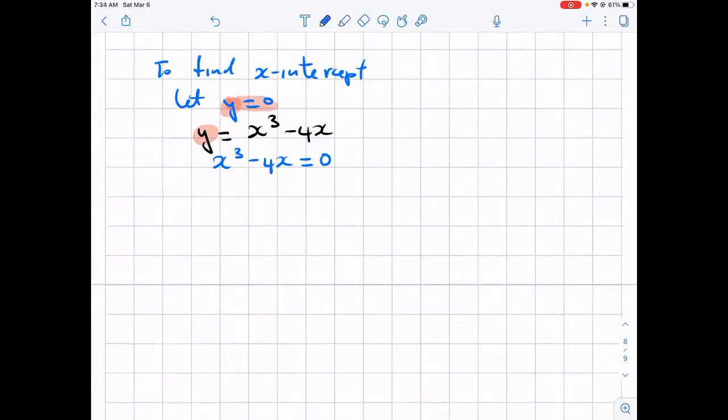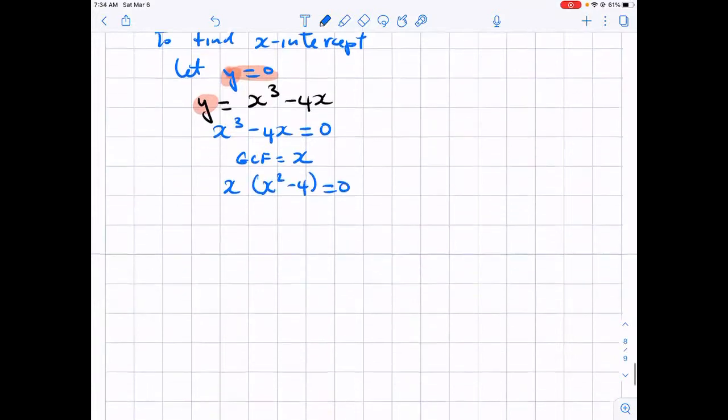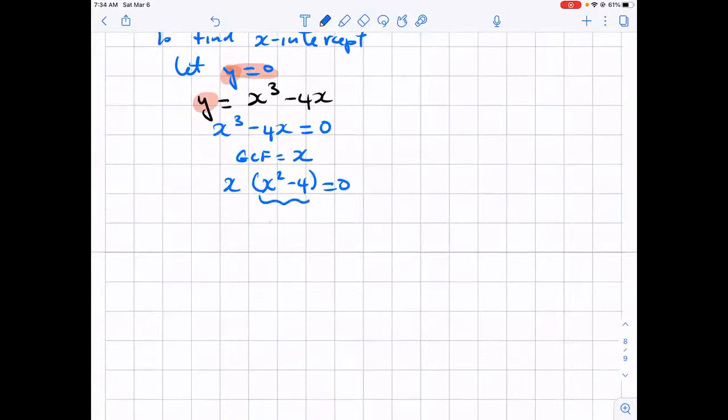Now we can factor this. GCF is equal to x. So if we take out x, we have x squared minus 4 equals 0. And then here you can factor this as x minus 2 times x plus 2. Don't forget this x comes down.